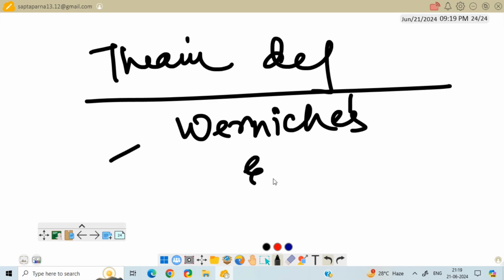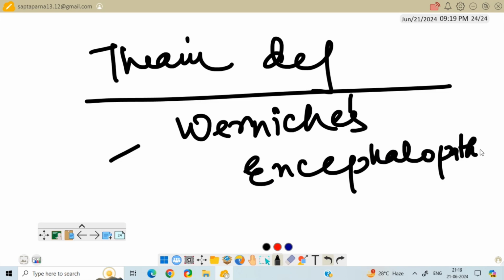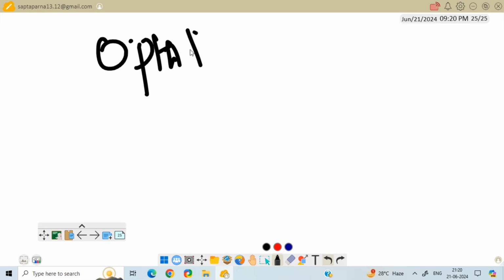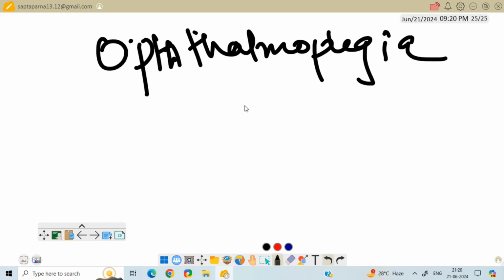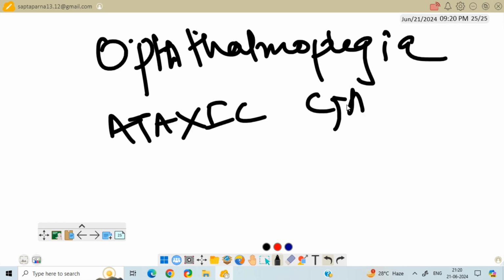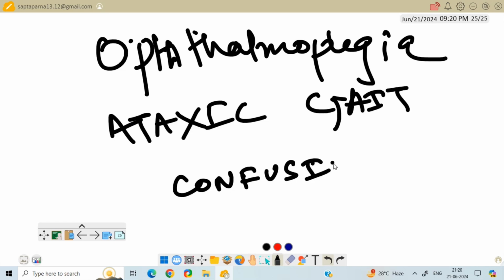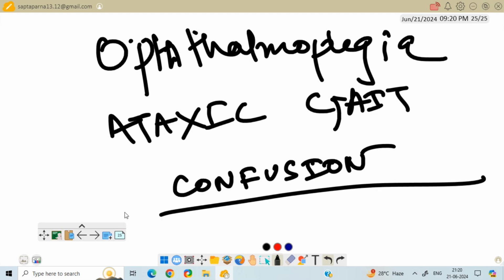Leading to Wernicke's encephalopathy. And Wernicke's encephalopathy is characterized by ophthalmoplegia, ataxic gait, and confusion. So this is what is Wernicke's encephalopathy.